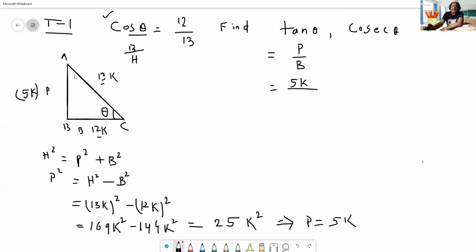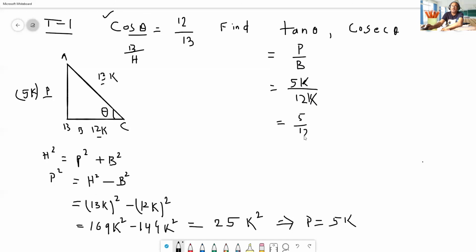If you take this angle as theta, then this would have been the perpendicular. The opposite side is always related as perpendicular, and adjacent side is always related as base. So perpendicular to base. So perpendicular is 5k and the base is 12k. So k cancels, since k is not equal to 0. So the answer is 5 by 12.